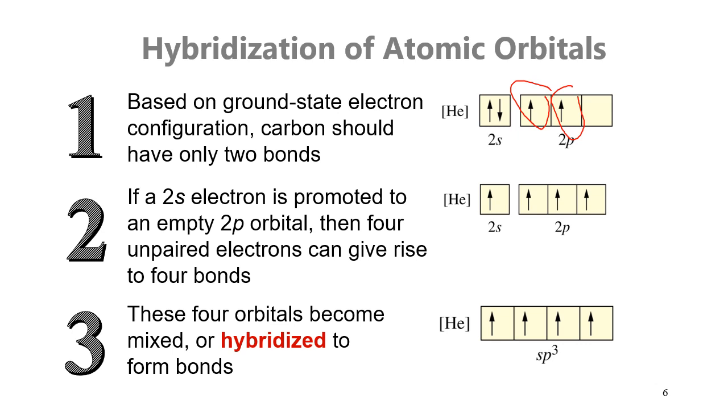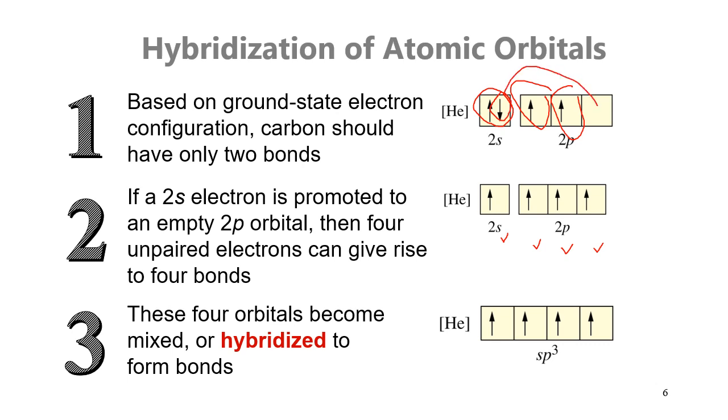So the second case here, if a 2s electron, which originally has two electrons, is promoted to an empty 2p orbital, then four unpaired electrons can give rise to four bonds, making 1, 2, 3, 4.